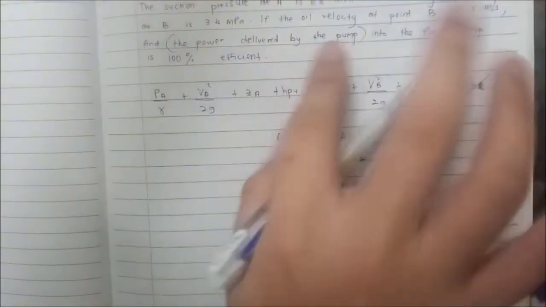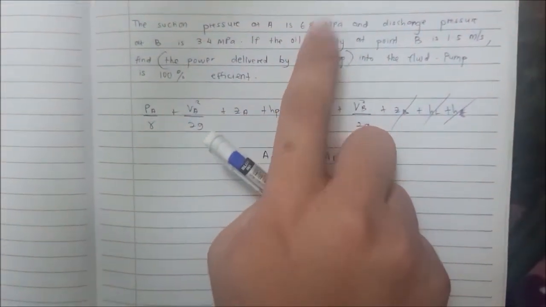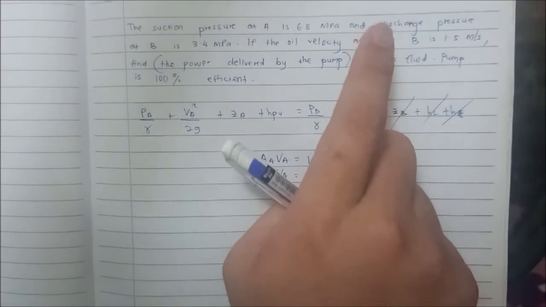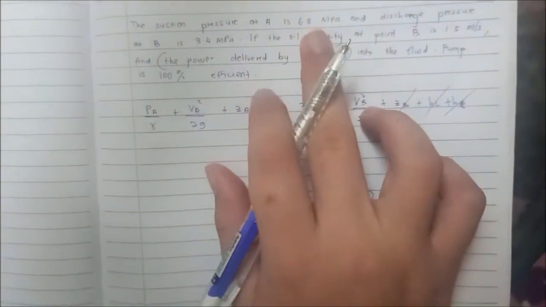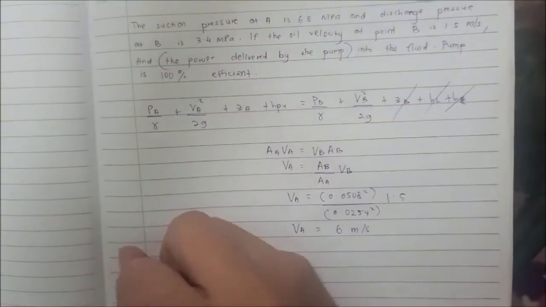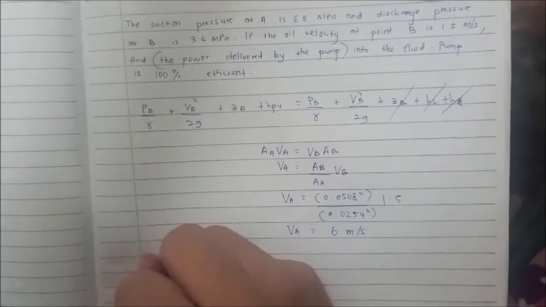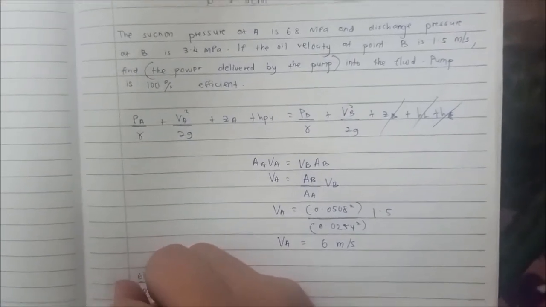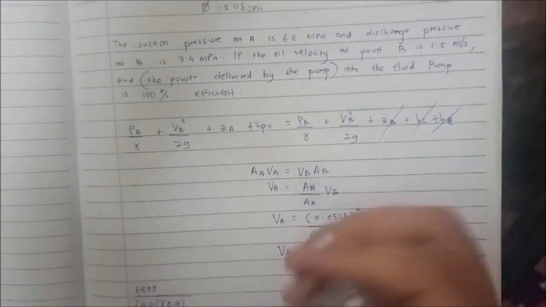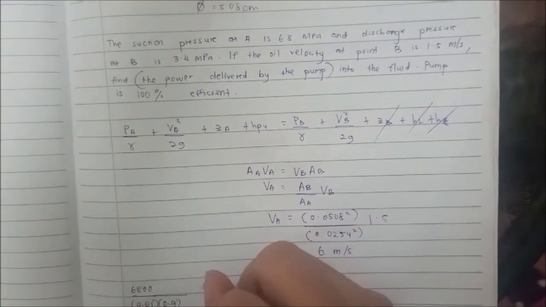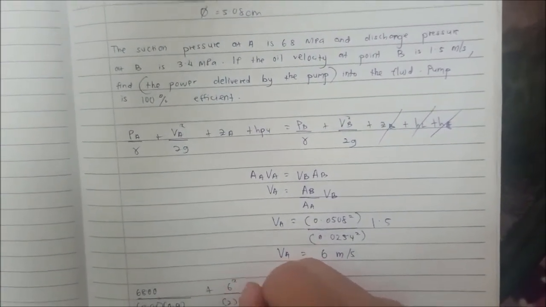Right now, from this information, we got to know that pressure at A is 6.8 MPa, but we have to change it to kPa because this is an SI unit for this equation. So 6.8 MPa we change to kPa, it will become 6,800 divided by 9.81 times 0.9, and then the velocity of A, 6 squared over 2 times 9.81.